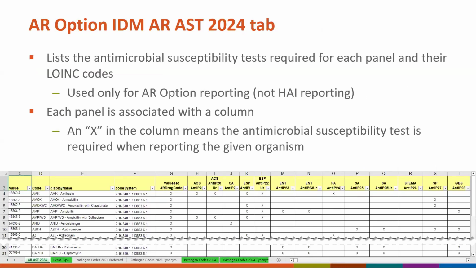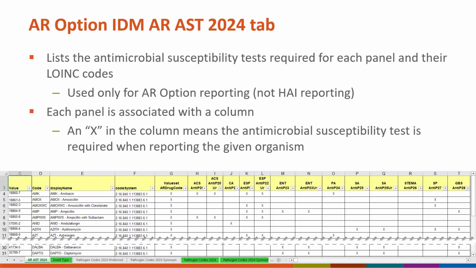Okay, so now let's switch gears and talk about the AR-AST 2024 tab. It's a new tab in the IDM. This one lists the antimicrobial susceptibility tests that are required for each panel and the associated LOINC codes for each of those tests. Now, I want to point out that this tab, AR-AST 2024, is used only for reporting your AR option data.